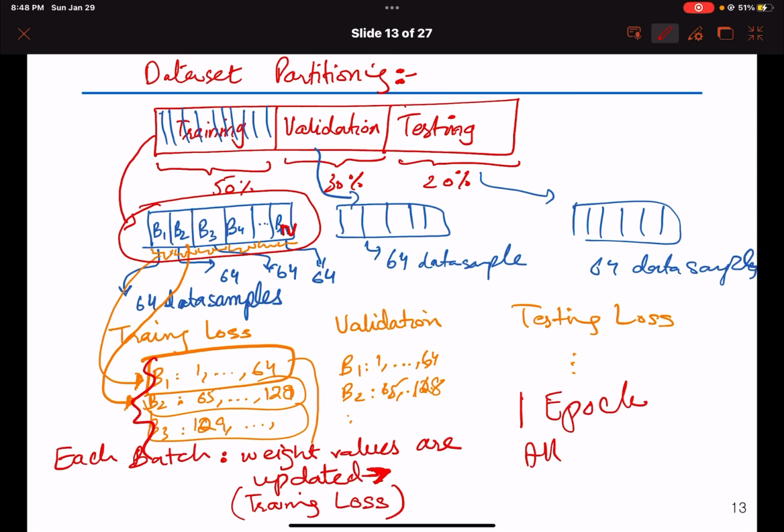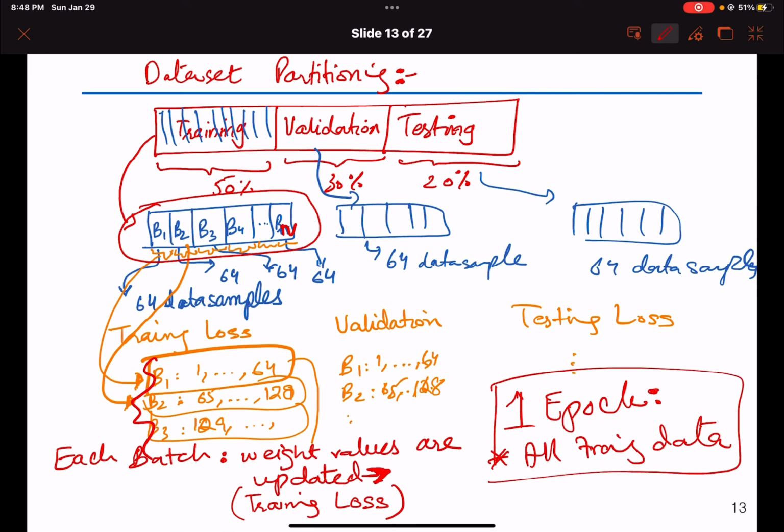When all your training data is input one time and your weights are updated n times, we call this one epoch. After each epoch, we estimate your validation loss. For example, if you have 20 epochs, your model will be updated 20 times, and after each epoch, you will have your validation loss.